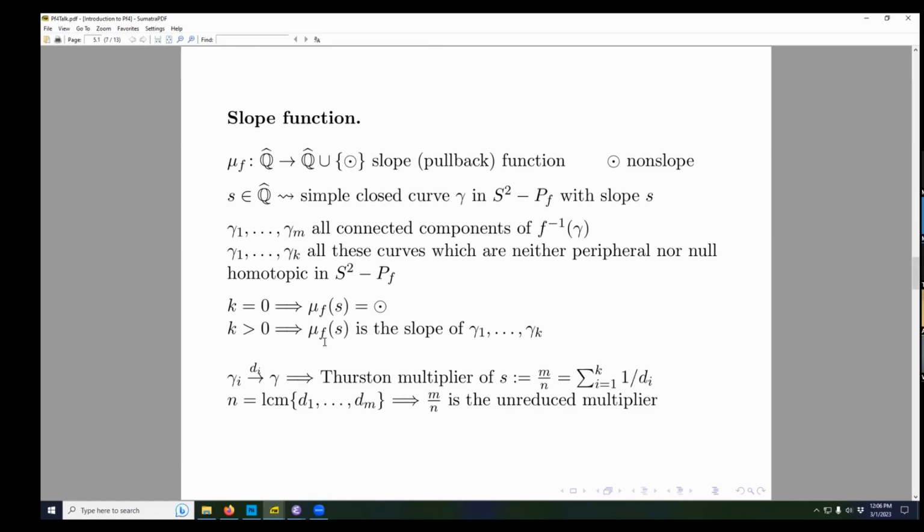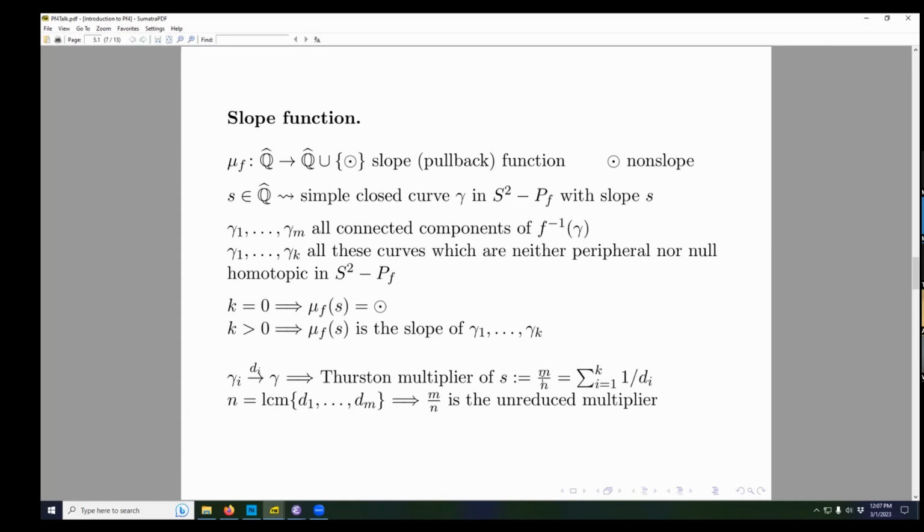Moreover, suppose that the connected component gamma i maps to gamma with degree d_i. Then we define the Thurston multiplier of our slope S to be the rational number m over n, which is the sum of the reciprocals of the degrees of the first k connected components. So we're only summing over the connected components here which are neither peripheral nor null homotopic.